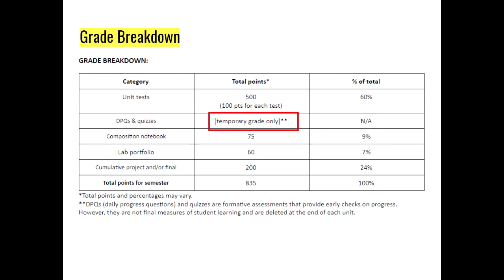You're going to have all this information about how things are currently going in the grade book. But because it's not a finalized assessment, it's not going to become a permanent measure of what a student knows. So it gets deleted. It affects the grade during the unit, but once we take the unit test, I delete all the DPQs and the quizzes, since they're really just practice.